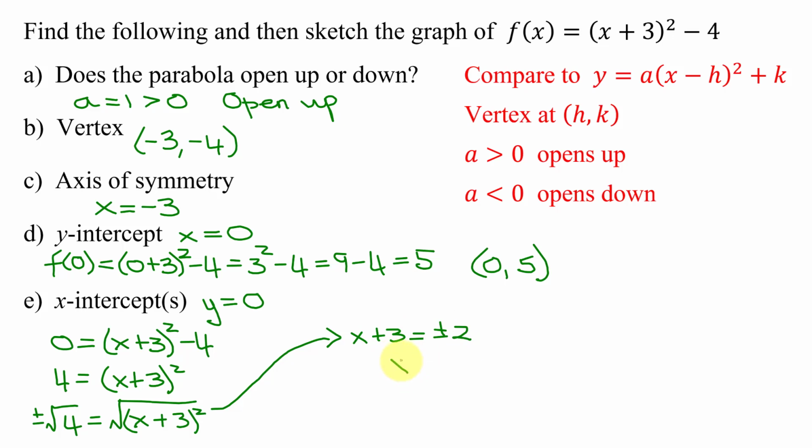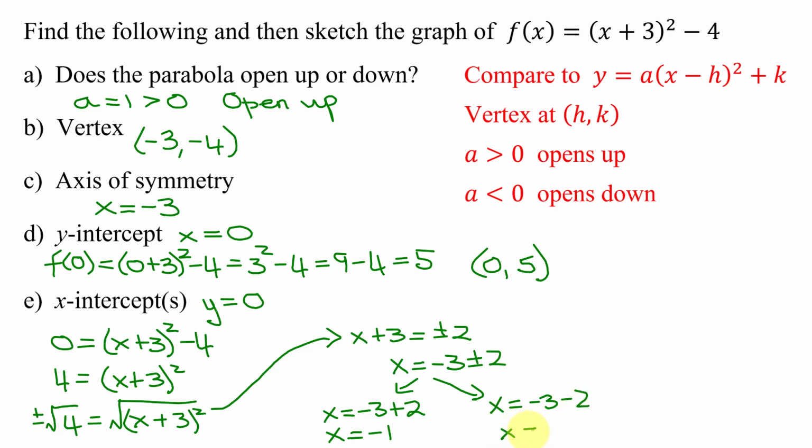Subtract 3 from both sides, x equals negative 3 plus or minus 2. So now I need to break it up into its two solutions. x equals -3 plus 2, and x equals -3 minus 2. So x equals -3 plus 2 is -1, and -3 minus 2, the second one, I get x equals -5.